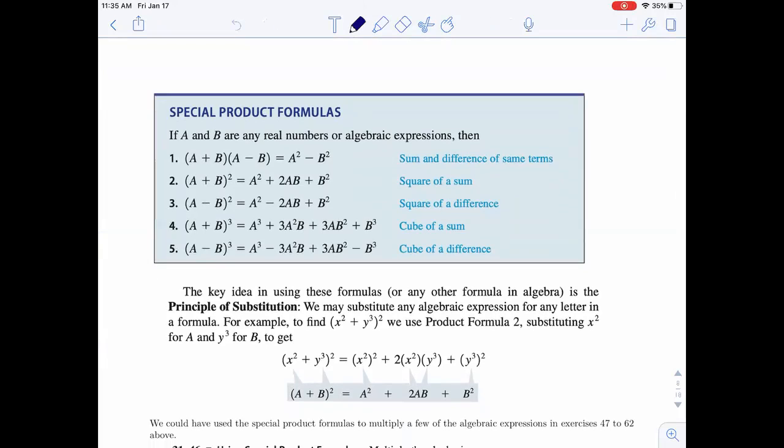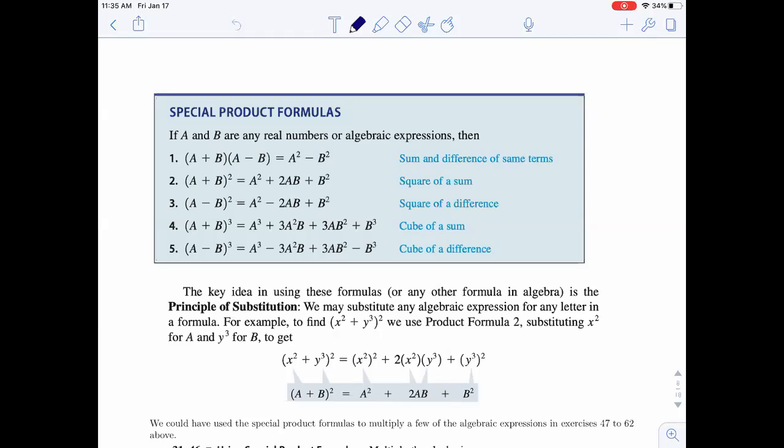So the handout has these special product formulas. I don't find them very helpful because I would rather just do it and simplify it, right? And so you don't have to memorize these or anything. Later on when we get into factoring, it's going to be the exact same table, but flipped.